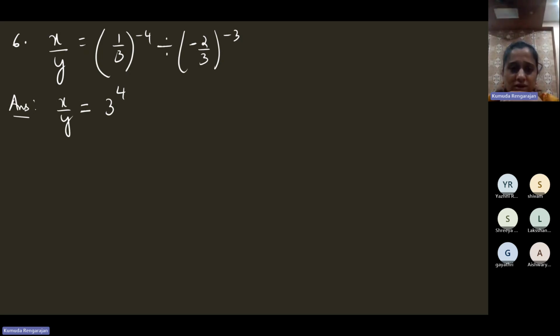Now, supposing we change the division to multiplication, children. If you change this division to multiplication, you must write the reciprocal of this one, right? Yes or no?